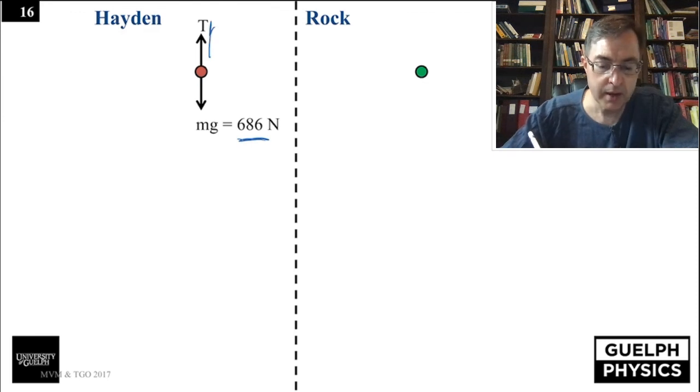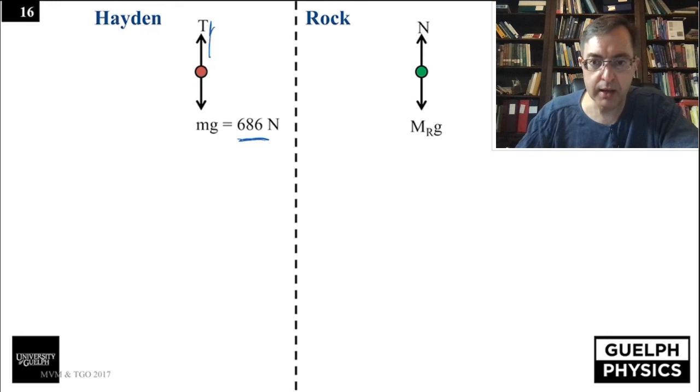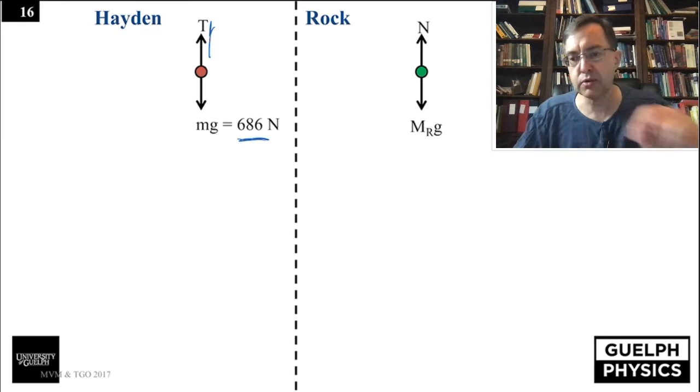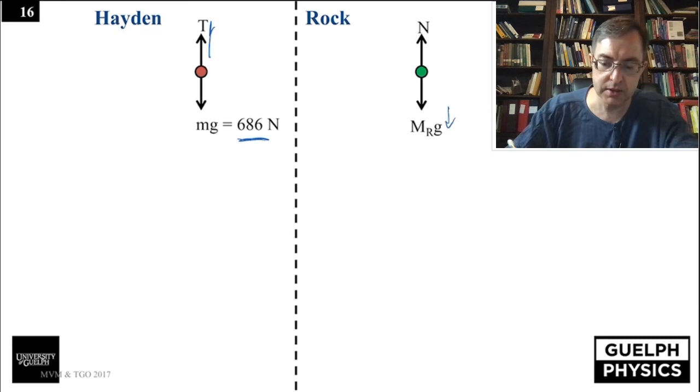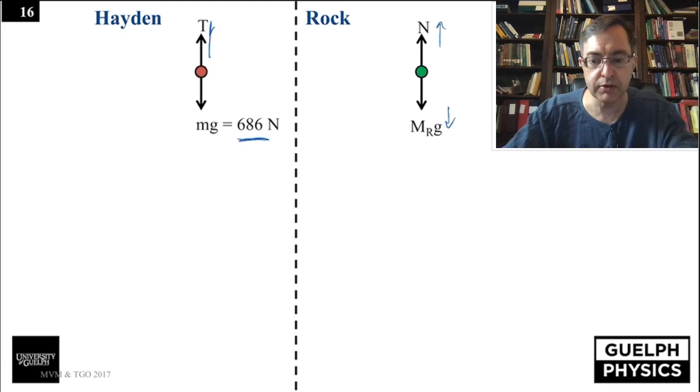For the rock, again in the y direction, there is the mass of the rock times gravity acting downwards, and a normal force acting on the rock from the cliff, keeping the rock on the cliff. But for the rock, there is also a second direction.